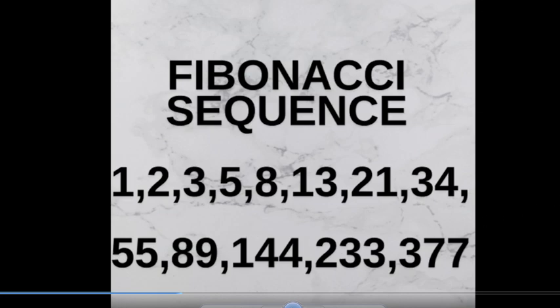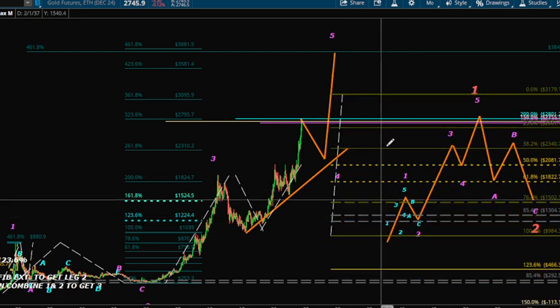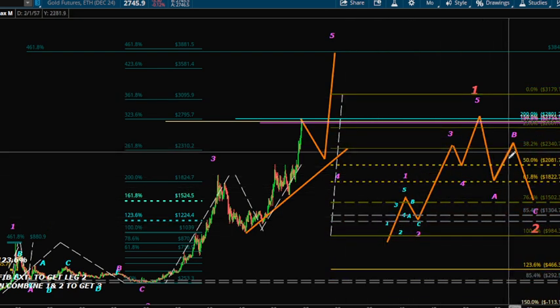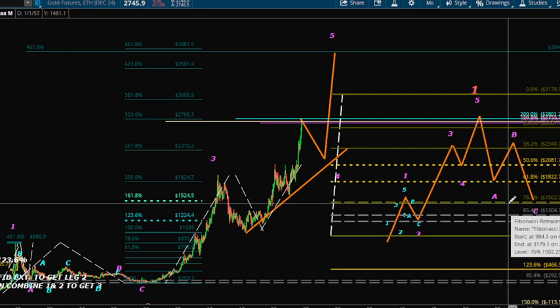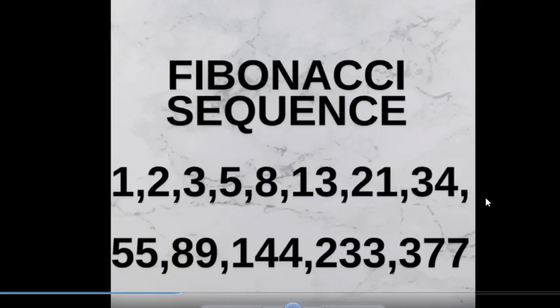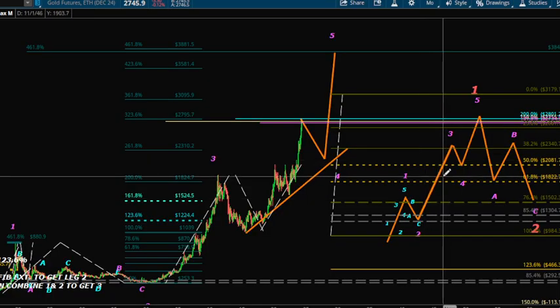The percentages that we use for Fibonacci, like these numbers here for your retracement tools, the 38.2, 50%, 61.8, all this, are supposed to be derived from the Fibonacci sequence, but some of these really aren't Fibonacci percentages.